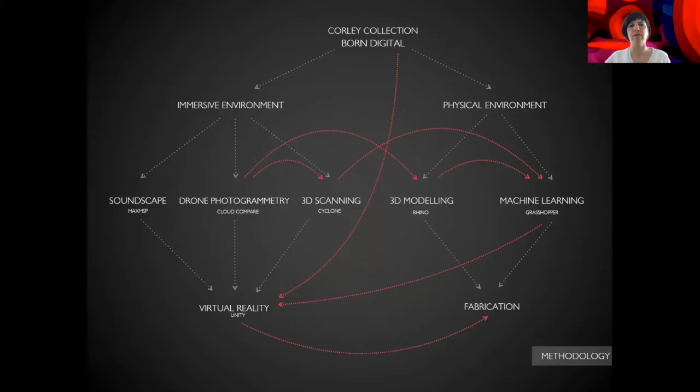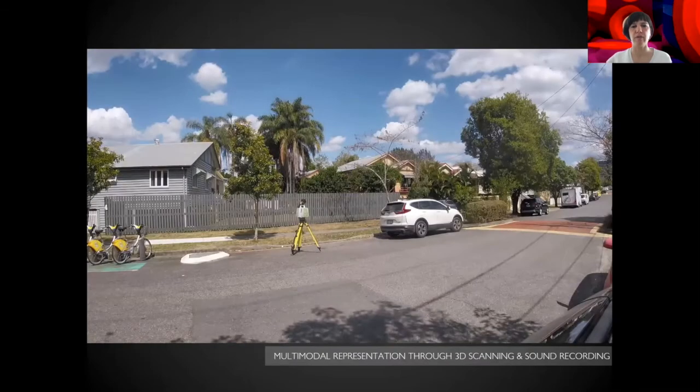Through this rough scanning, we informed the 3D modeling of the digital environment, and we also used some machine learning code in Grasshopper to stitch some of these point cloud models into the physical sculpture itself. All the VR space was done in Unity, and the physical model was done through Rhino and fabrication.